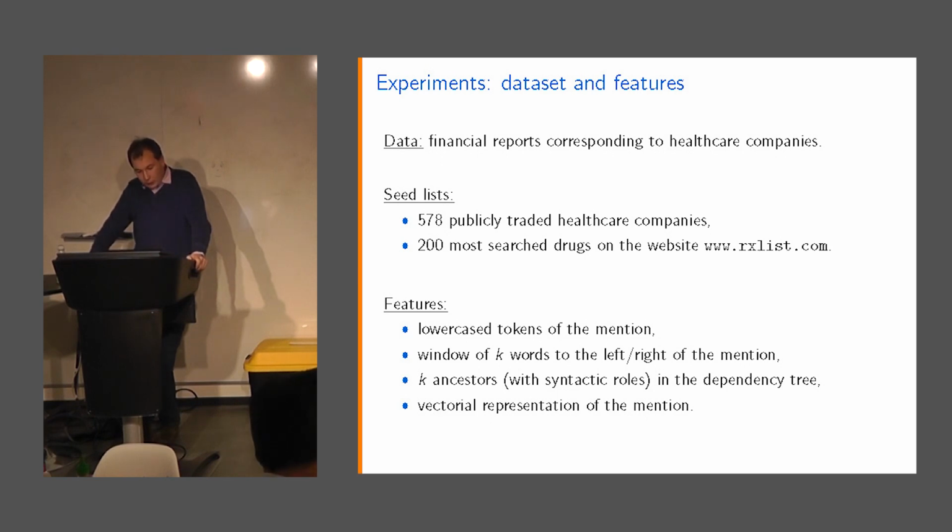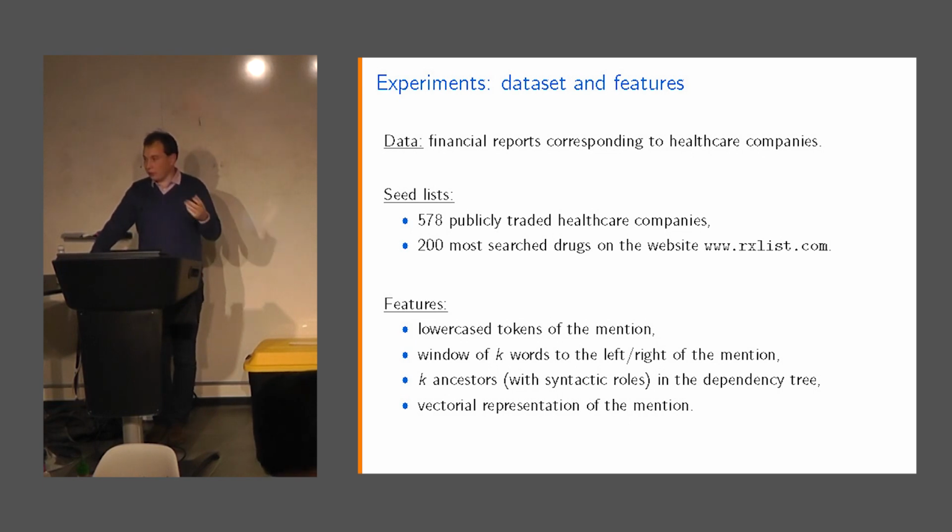As features, we use the tokens that appear in the entity mention, the words that appear before and after, the ancestor in the dependency tree, and the vectorial representation of the mention, a word embedding of the mention.